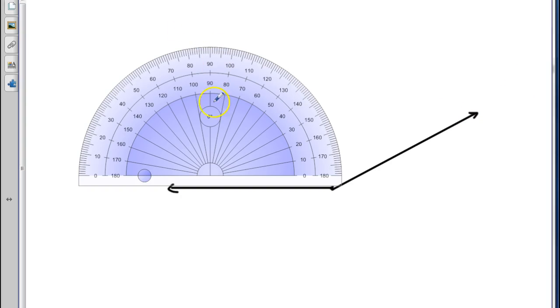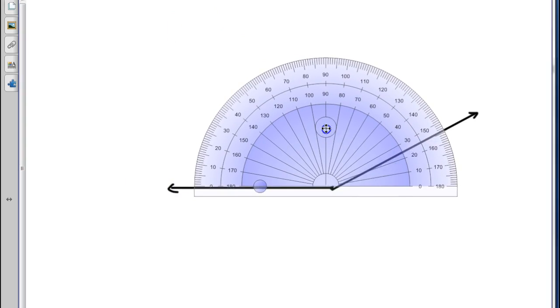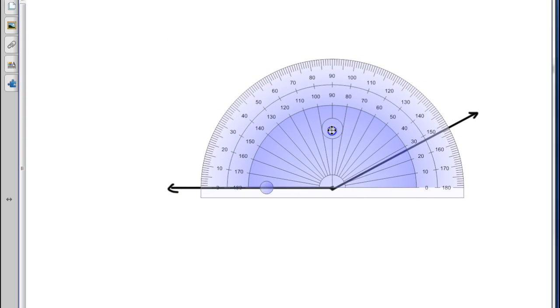All right, so let's get our protractor out here. And we are going to move this so that the crosshairs are on that end point right there, the vertex of my angle now. And then I can see that I'm moving to the left to look at 0. I will use the top numbers this time to measure.